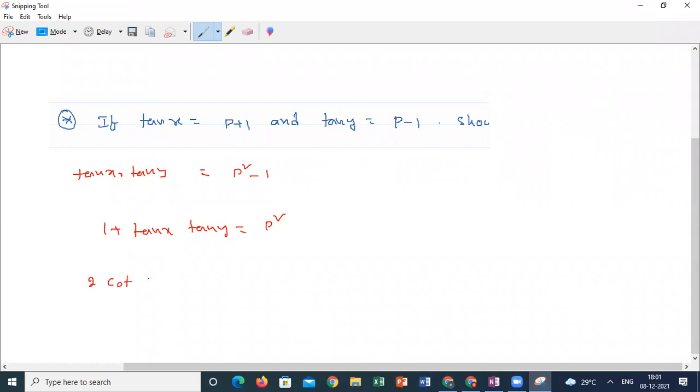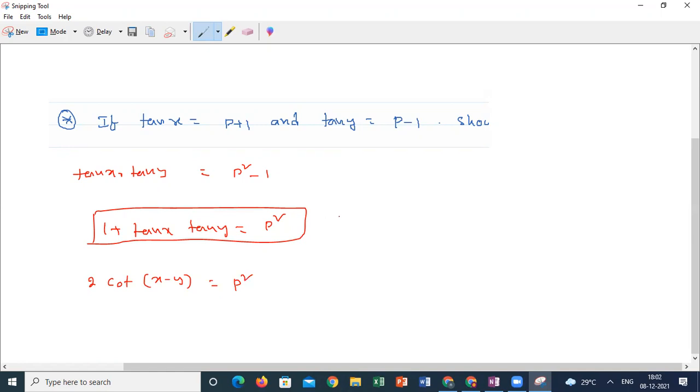2 cot of x minus y. Oh, you are asking how I can prove this one. This expression is 2 cot of x minus y. Correct? Yes, sir, because both have same RHS. So we are proving 2 cot of x minus y also p square. Correct? Yes, sir.